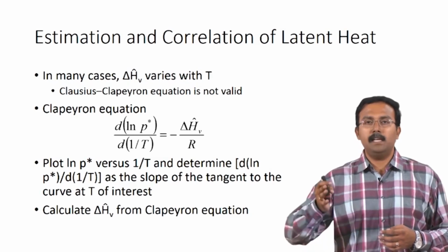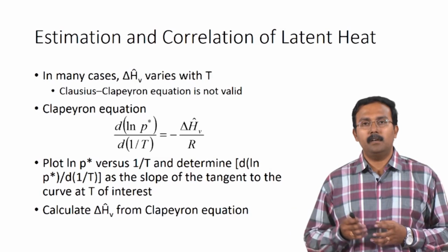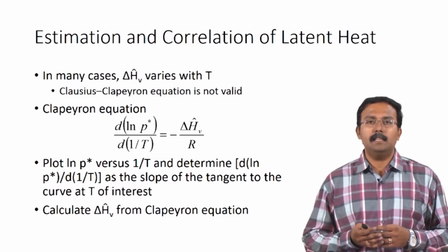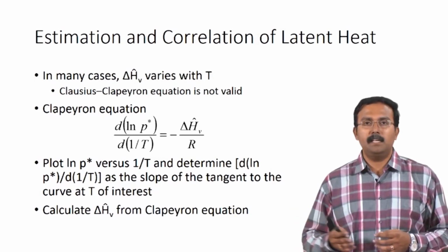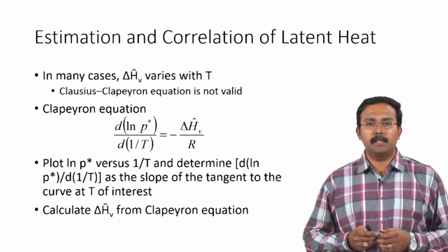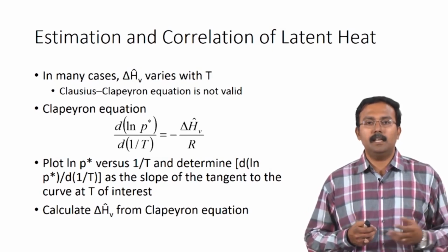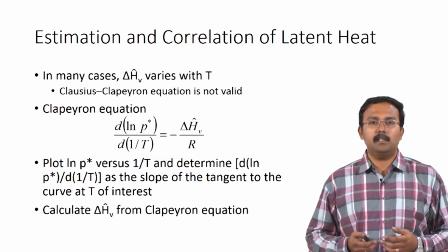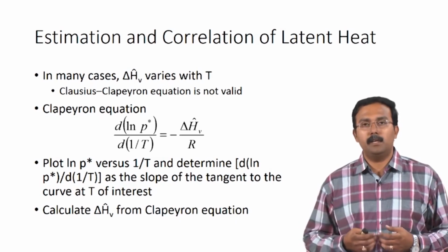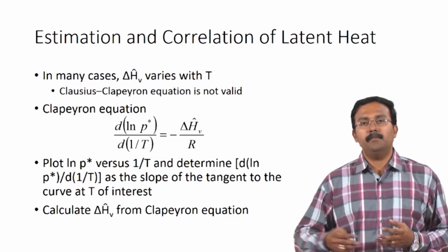As the slope changes, the delta H cap V would also change, indicating the change in heat of vaporization as a function of temperature. So, this delta H cap V can be calculated by plotting this curve and finding the slope of the tangent.